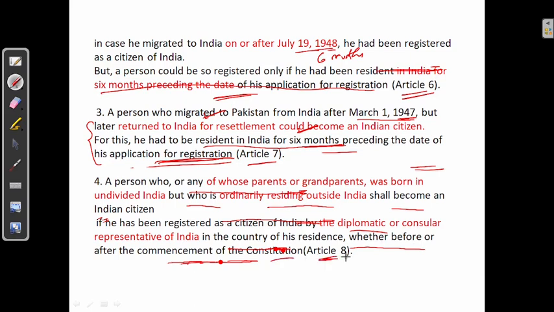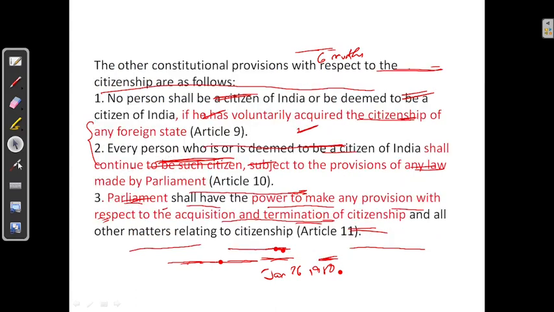See, what Article 8 says is, a person who or any of his parents or grandparents was born in undivided India but who is ordinarily residing outside India, they also will get Indian citizenship only if he had been registered as a citizen of India by the diplomatic or consular representative of India in a country of his residence, whether before or after the commencement of the Constitution. That is Jan 26th, 1950.